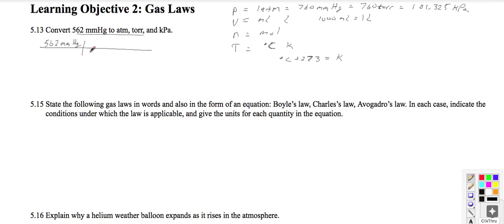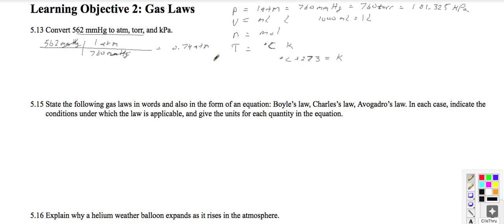We have 760 millimeters of mercury is 1 atmosphere. I'm getting that from over here, right? 1 atmosphere is equal to 760 millimeters of mercury. Those go away. We end up with an answer of 0.74 atmospheres.